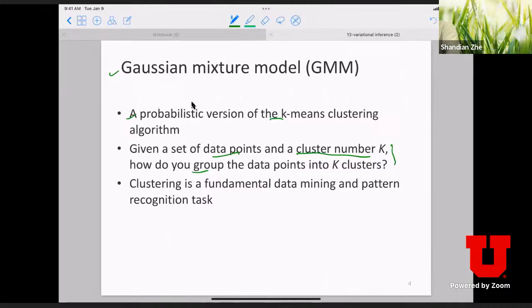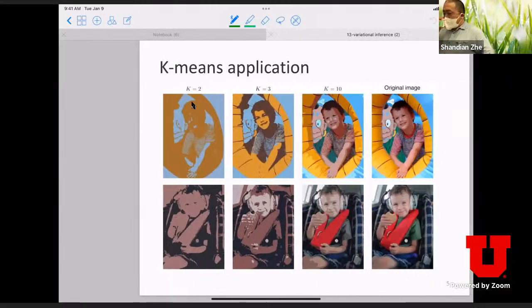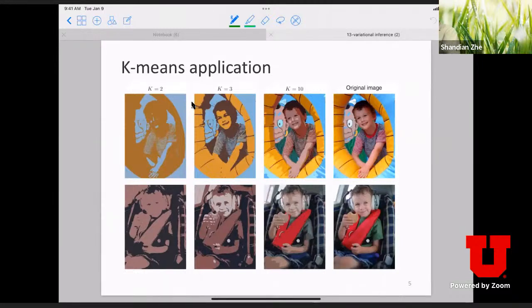That's our basic understanding about clustering. Clustering is a fundamental data mining and pattern recognition task, which is something I don't need to stress; everyone knows that. Here we give some applications of k-means on pictures. A picture consists of a bunch of pixels, and if it's a color picture, each pixel might be represented by RGB values.